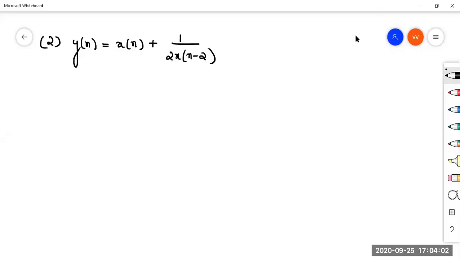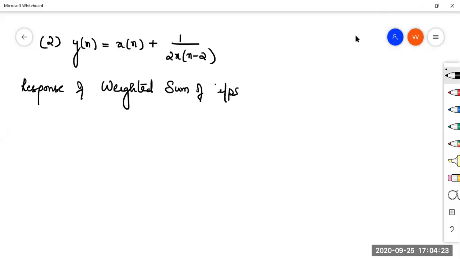We will see another example, that is y of n is equal to x of n plus 1 divided by 2x of n minus 2. So here you can proceed in the normal method. That means we find the response of the weighted sum of inputs. Let's find this first.